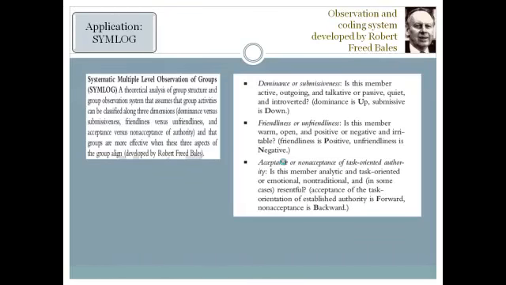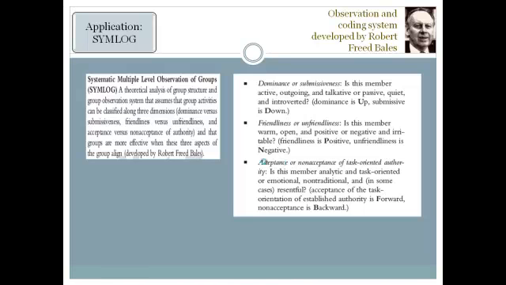One of the assignments you had was to do structured observation, and using Bales's interaction process analysis. This is another more complex way of categorizing communication in a group, and it's called Symlog. Rather than just task and relationship oriented, it goes into a little bit more detail.